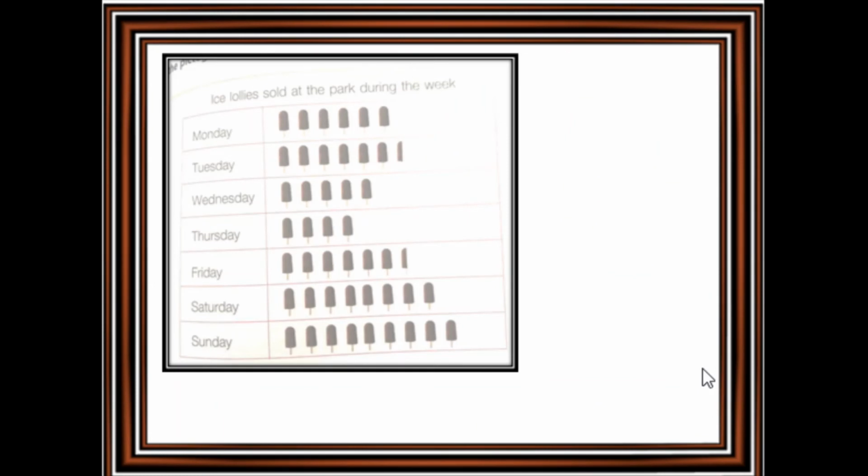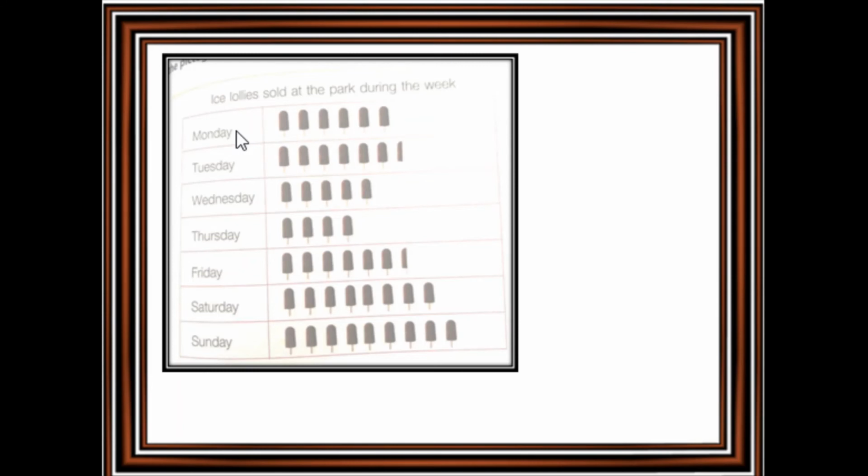Now I will teach you how to answer and interpret a pictogram at this time. So we have here a pictogram. It's a little not clear, but I'll try to describe each to you. Okay? So we have here ice lollies sold at the park during the week. So one person sold ice lollies or ice creams in the park the whole week.